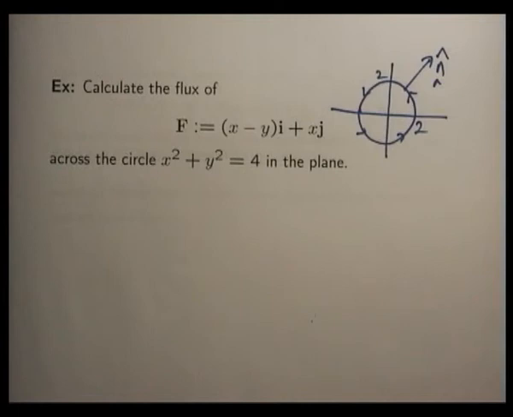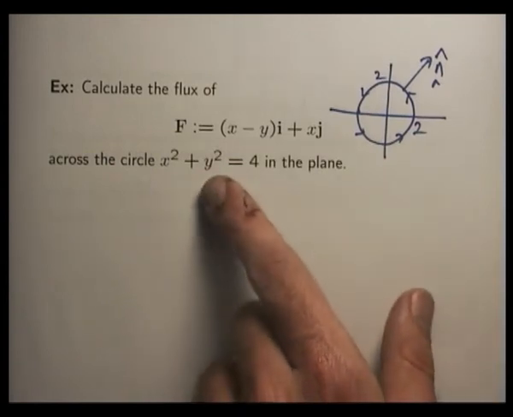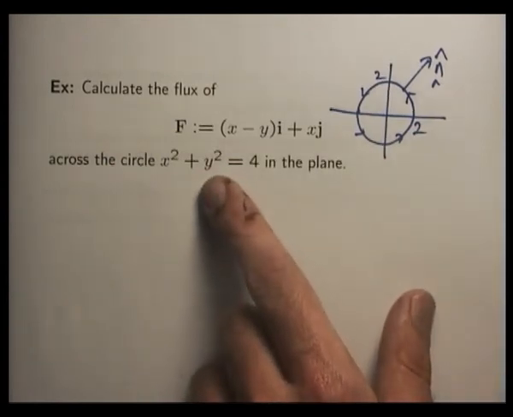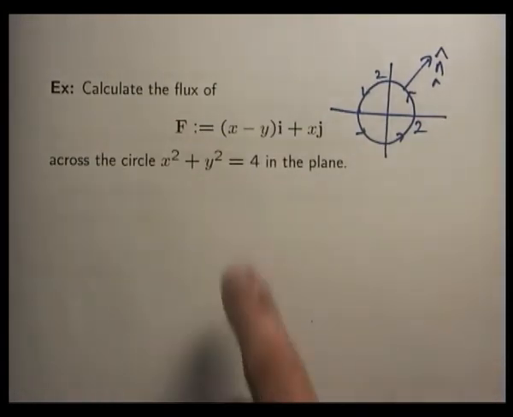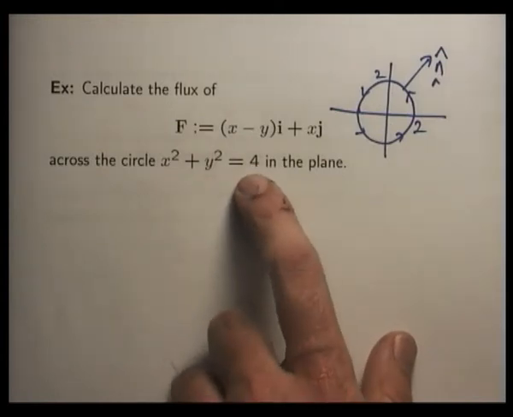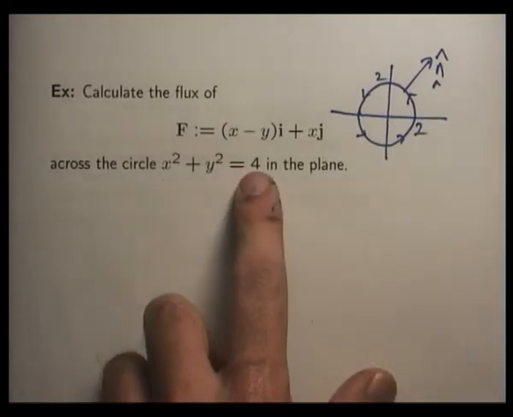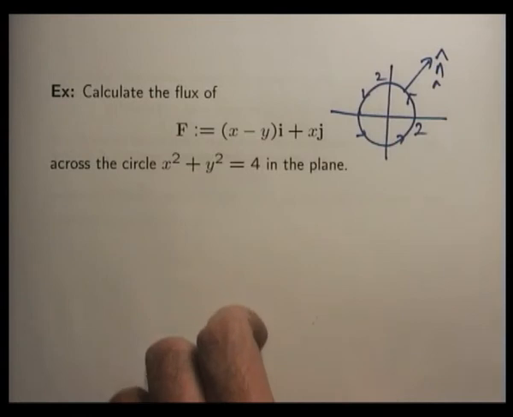There are a couple of ways of coming up, at least in this example, with this unit normal. How do we calculate a normal vector to a scalar field, say x squared plus y squared equals 4? Calculate the gradient. You can even move the 4 to the other side. It will produce a normal vector, but it won't necessarily be a unit normal vector, and it won't necessarily be outward pointing.